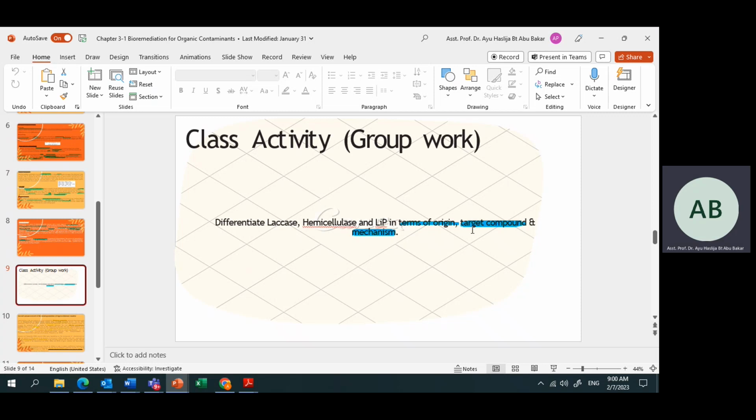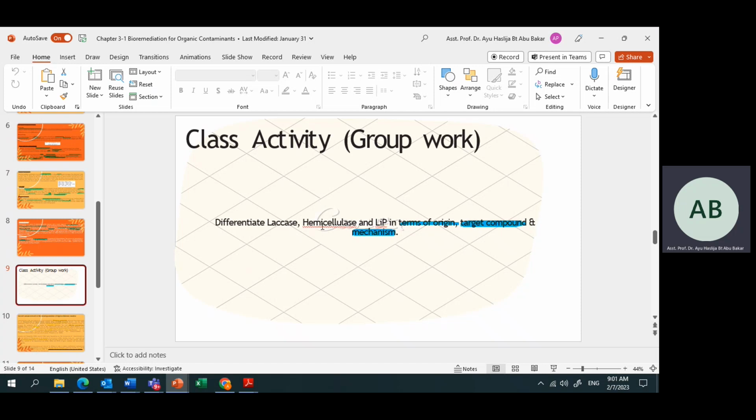From this activity, you just need to identify what the target compound is that this enzyme will be reacting with. Lignin, of course, LIP will focus on the native lignin.